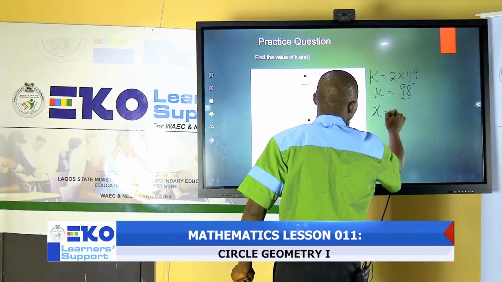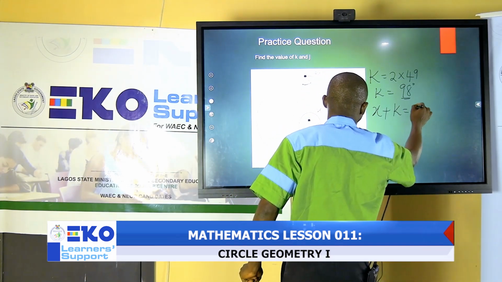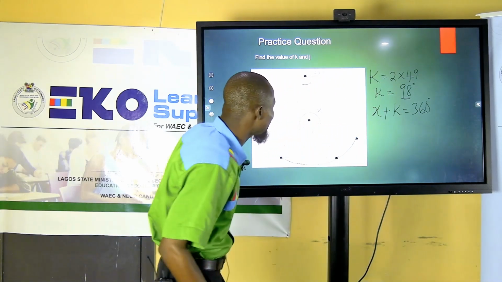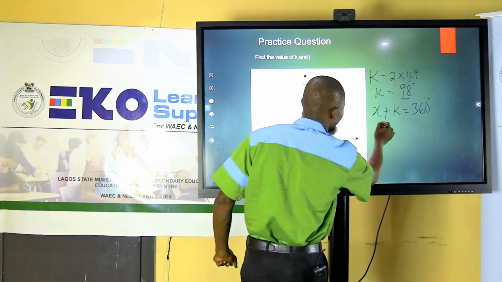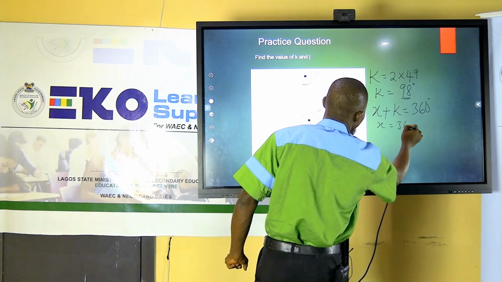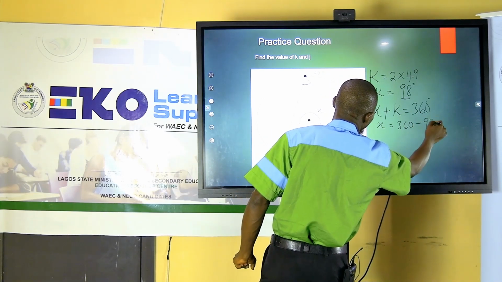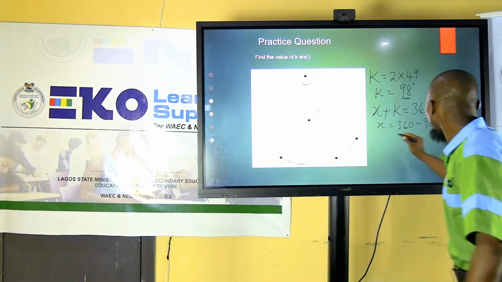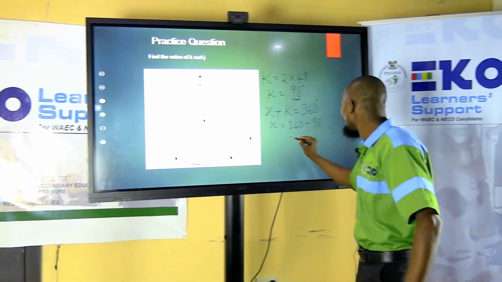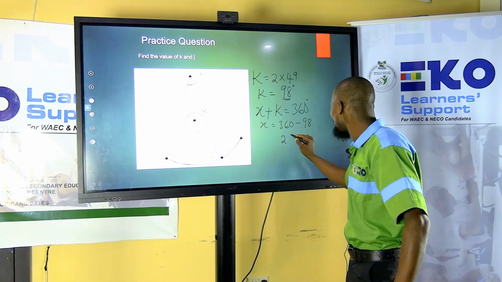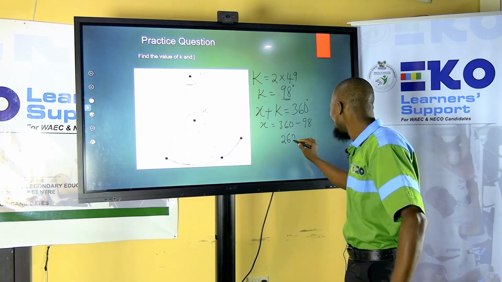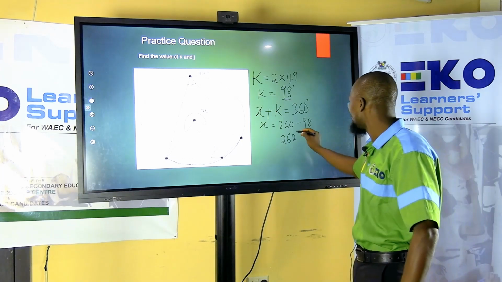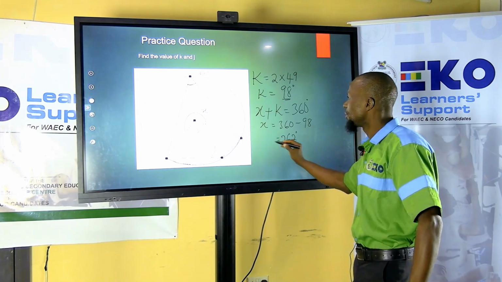X plus K, they are sum of angle at a point. They form 360 degrees. So our K is 98. So X will be equal to 360 minus 98. And what will that give us? If you do that subtraction very well, we should get 262. Is that right? Yeah. So that's 262 degrees. So that is the value of X.